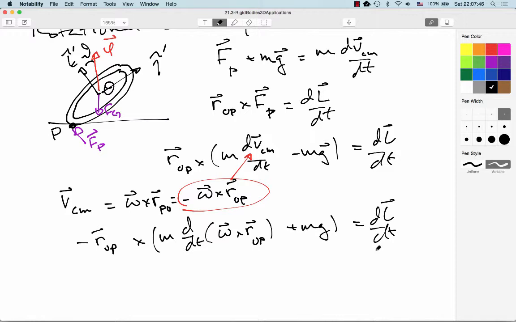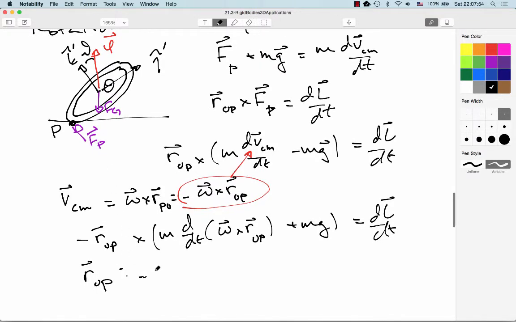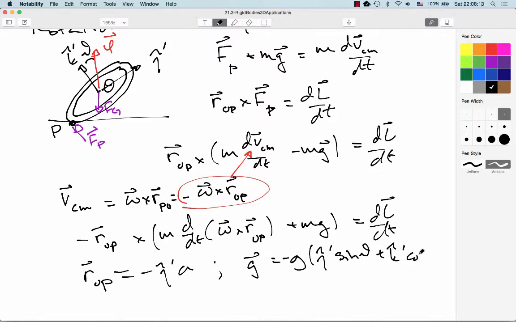But taking a look here, if the radius of the wheel is a, r_OP is minus j prime times a. And we can write g as minus g times j prime sine theta plus k prime cos theta, just projecting down.